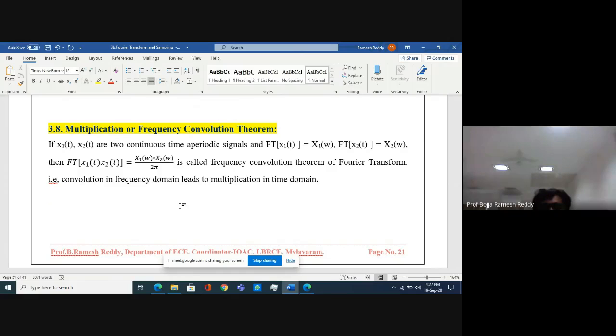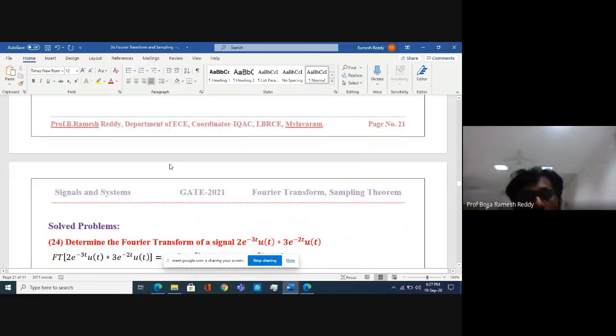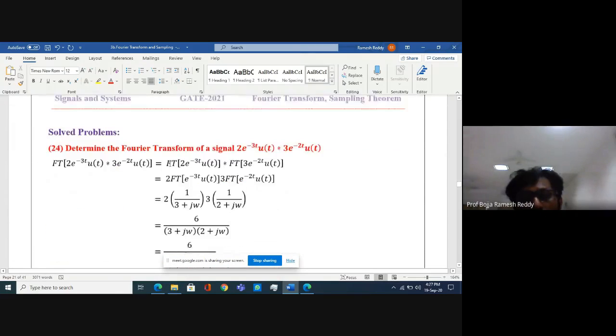This is called the frequency convolution theorem, also known as the multiplication theorem. Why multiplication? In time domain we are simply taking the product of x1 of t and x2 of t. That's why it is the multiplication theorem.